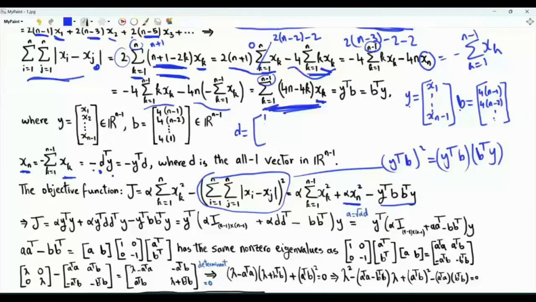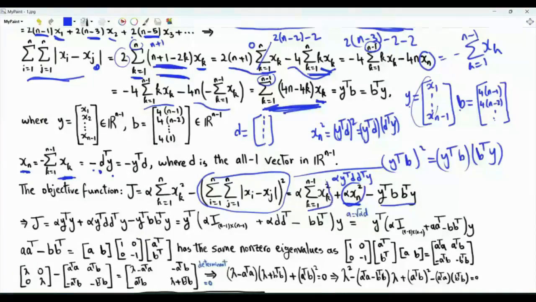So defining vector d as a column vector with n minus 1 ones, and this is vector y, this summation can be written as d transpose y or y transpose d. So xn squared is equal to y transpose d squared, which can be written as y transpose d times d transpose y. In other words, this term in the objective function can be written as alpha y transpose d d transpose y.